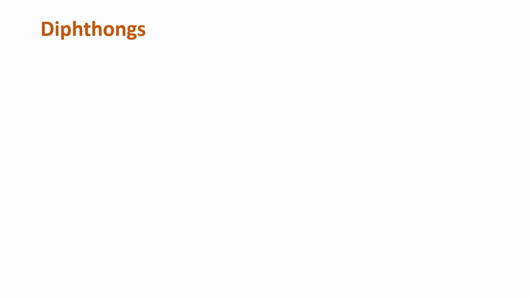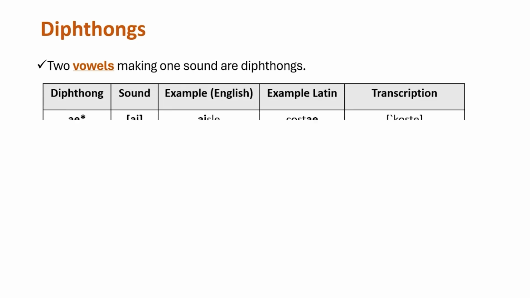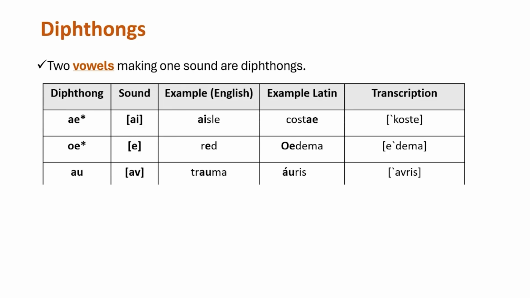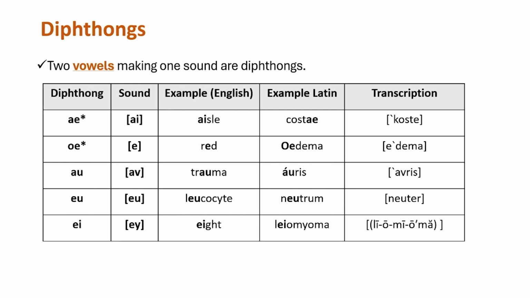Okay, so far we have seen vowels. Now let us see what diphthongs are. By definition, when two vowels make one sound, they are referred to as diphthongs. There are five commonly used diphthongs in Latin. The first is as in isle. The second is oi, as in oil, or in edema.